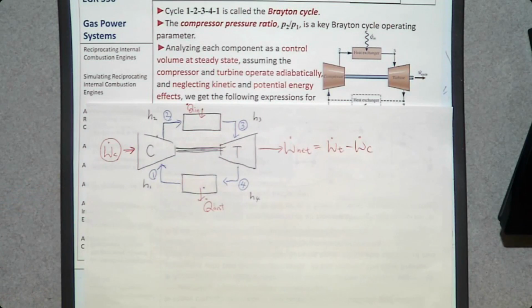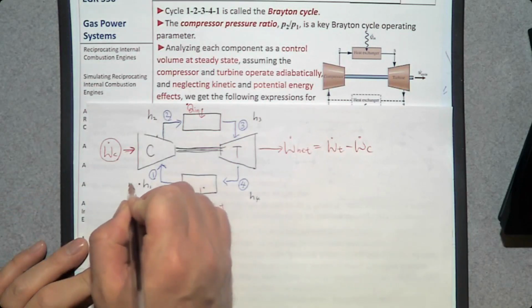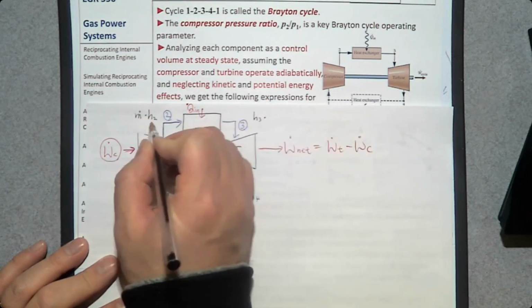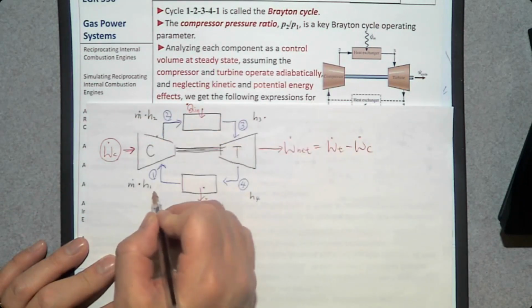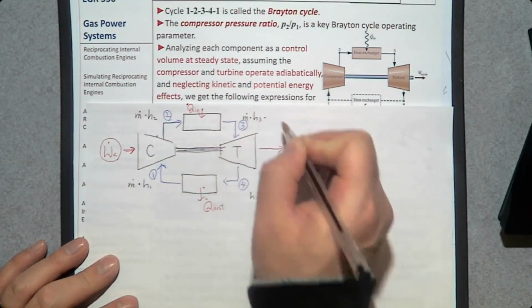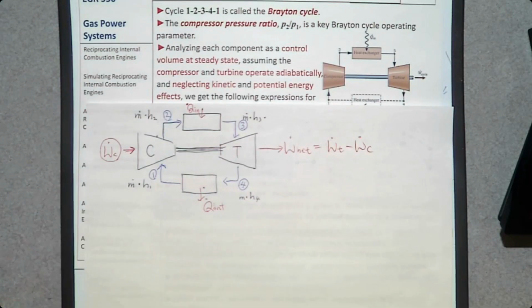One, compression power, and h1 times the mass flow rate. That is because h is a specific enthalpy. The actual rate of enthalpy is going to be m dot times h.